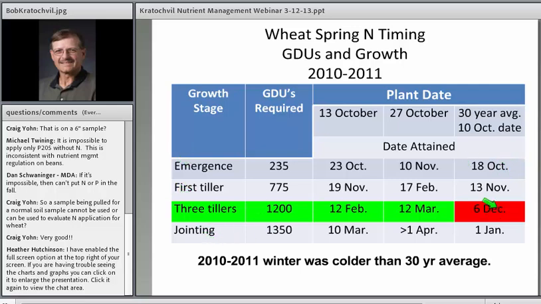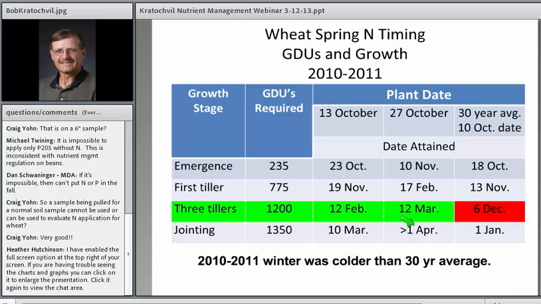And in fact, for the 30-year average temperatures at the Lower Shore, Poplar Hill location, we've accumulated enough growing degree units by the 6th of December to have 3 tillers. And in fact, it indicated that by January 1, we'd accumulated enough units for tillering to actually begin.